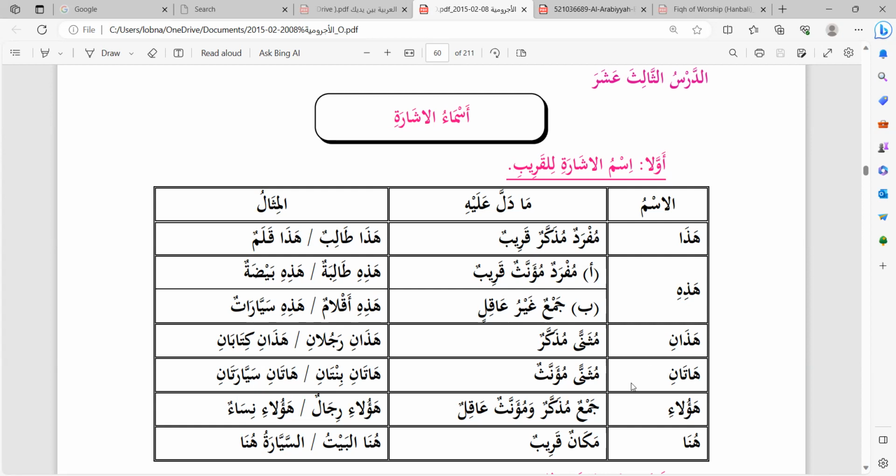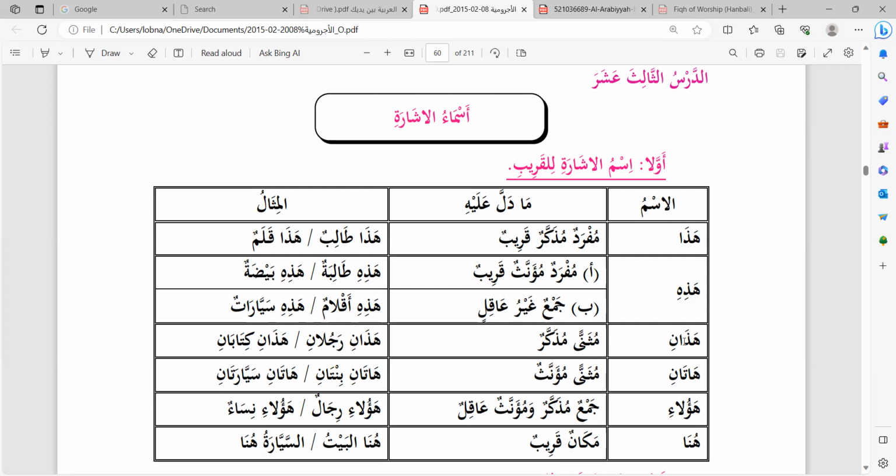So هاتان is مثنى مؤنث, i.e. dual but feminine. هاتان بنتان is two, these two females. هاتان سيارتان, these two cars.